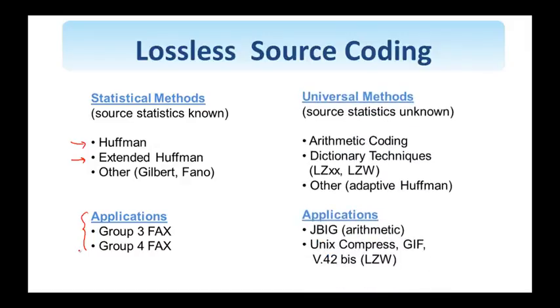The second group includes so-called universal methods, when the source statistics are not known but instead evaluated from the data. So we'll say a few words about arithmetic coding as well as dictionary techniques. And then we'll see the application of arithmetic coding when it comes to JBIG, one of the standards.